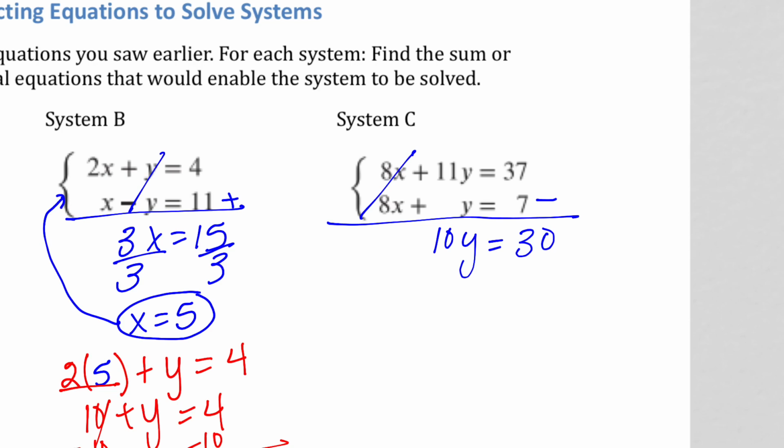What do I do now? Divide by 10. So we get y equals what? 3.